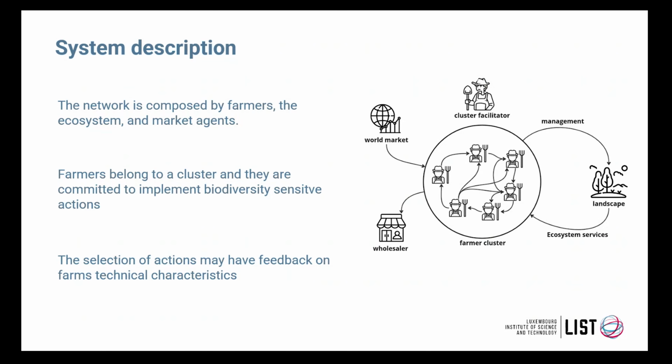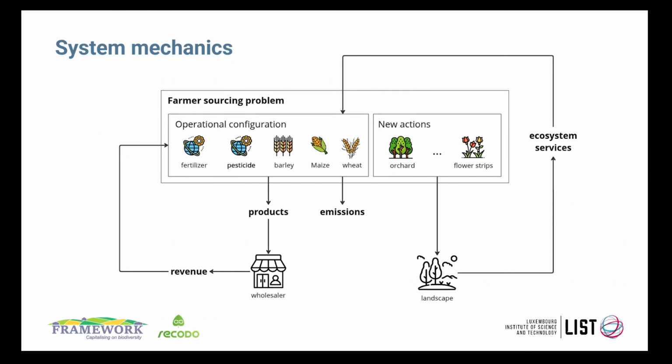Next one, please. So I'll explain very briefly how the feedback looks. Every farmer in our model is trying to solve a sourcing problem, which consists of determining what to produce and how much of it to produce. Before a farmer joins a cluster, the farmer has a business as usual operational configuration, meaning a certain number of technologies available, a certain amount of decisions to consider.